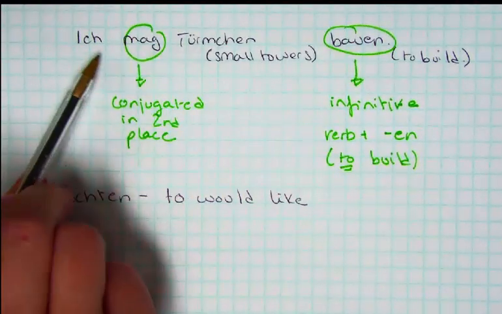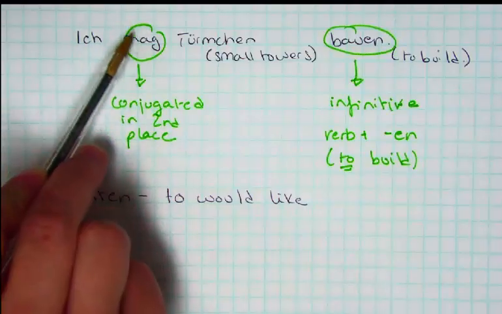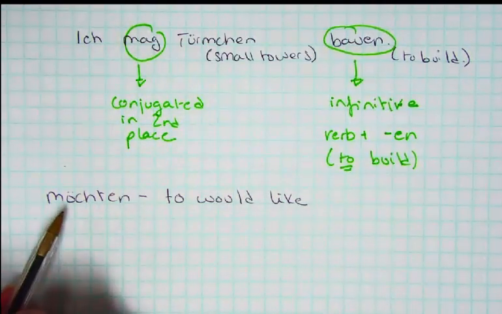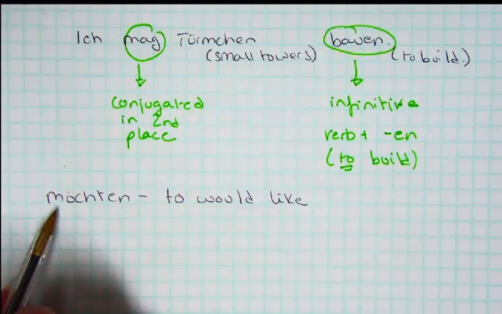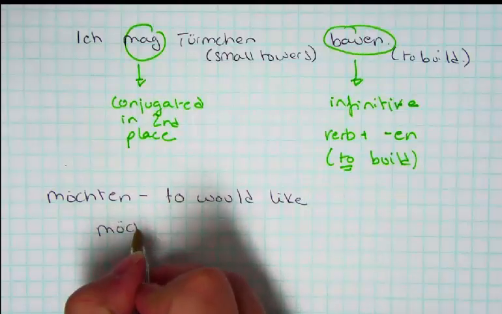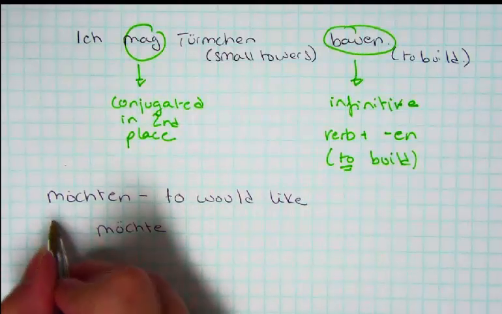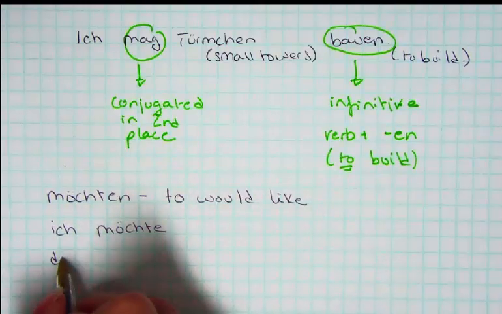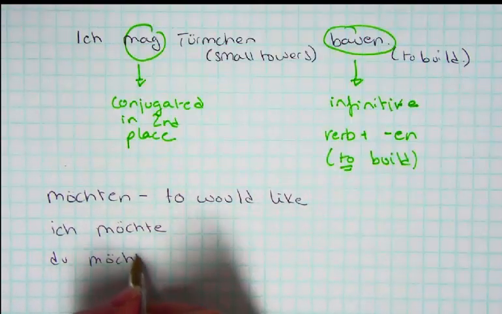So when you had the other group, you had a stem change in singular. Now I already said this is a different form. So in that form, you already have different changes. So it becomes Ich möchte. I apologize for the bell. Du möchtest.